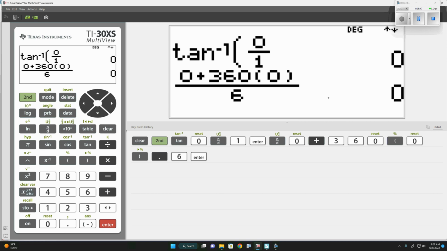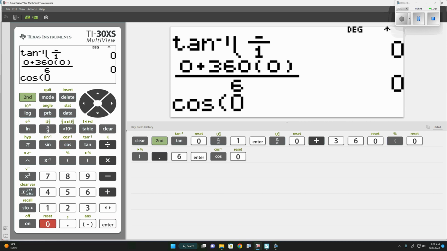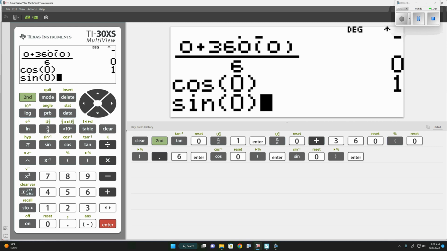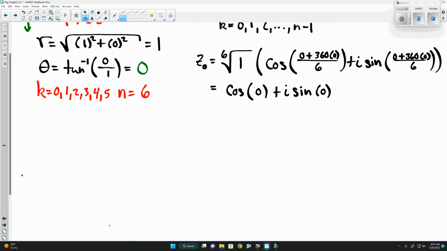And at this point here, we can calculate these. Cosine of 0 degrees is 1. Sine of 0 degrees is 0, which just tells us that z of 0, our first value, is 1.